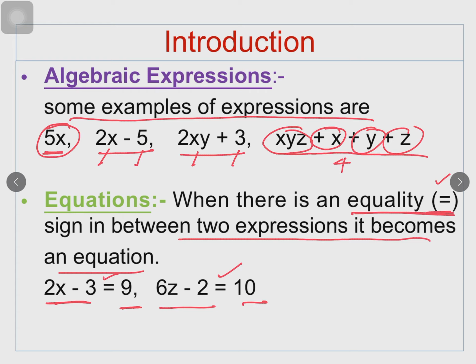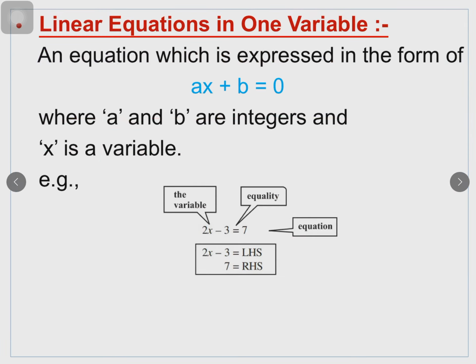Then comes the linear equation in one variable. The basic definition of a linear equation in one variable is an equation which is expressed in the form of ax plus b equal to 0.